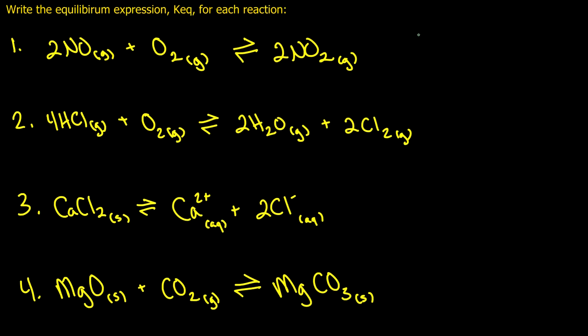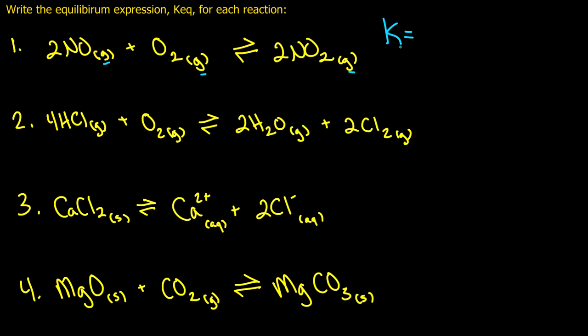So first up, we got 2NO plus O2 yields 2NO2. Always make sure to check your states of matter. This is a gas, and a gas, so I'm going to use all of them. Then make sure your equation is balanced. This one is balanced, so we are good to write our expression. So K equals, what does K equal?